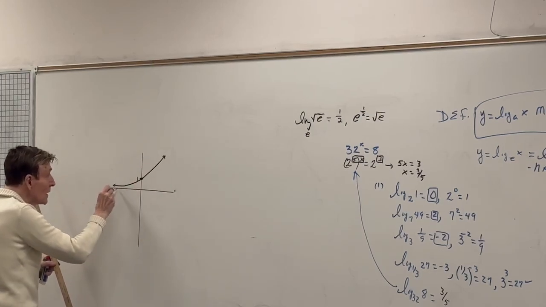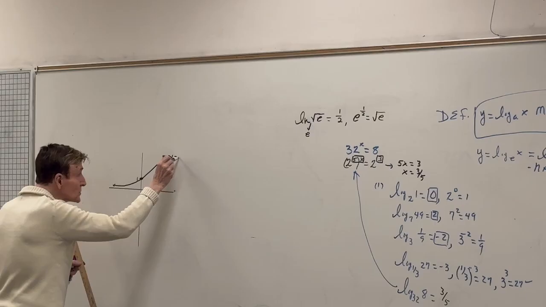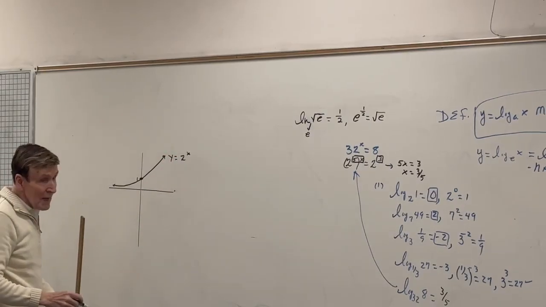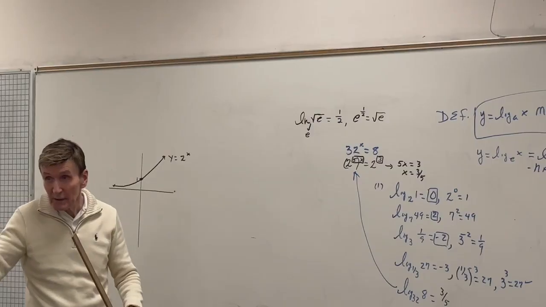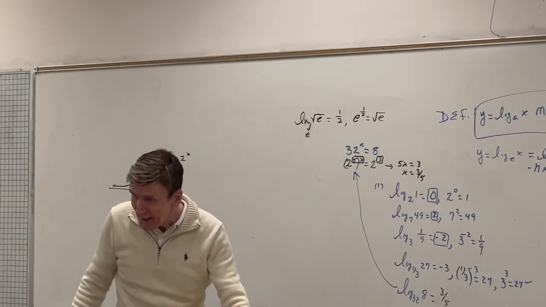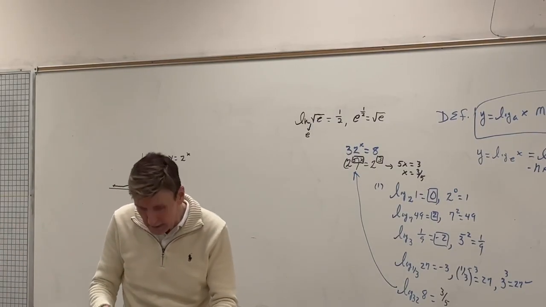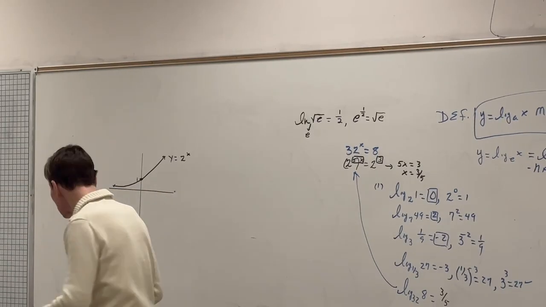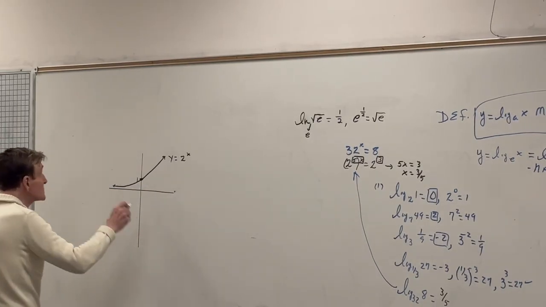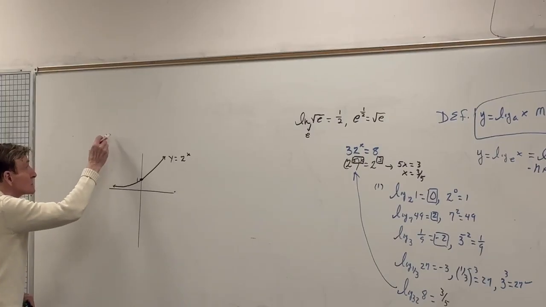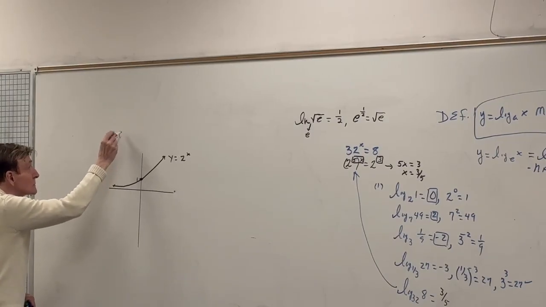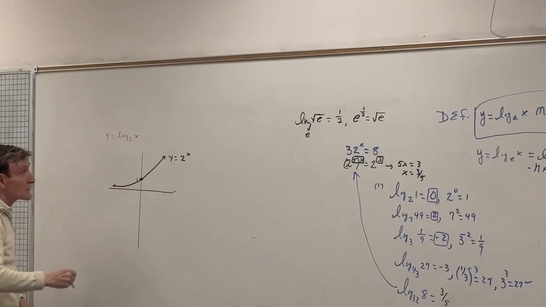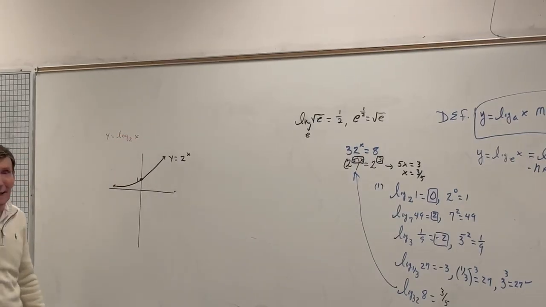Yes or no? That was y equals 2 raised to the x we saw earlier. We'll connect something. Now I'd like to graph on the same grid, try red, this. Got that in red. Log base 2 of x.